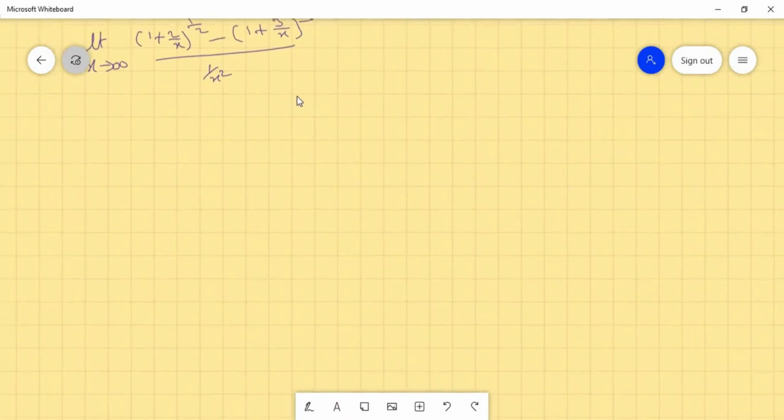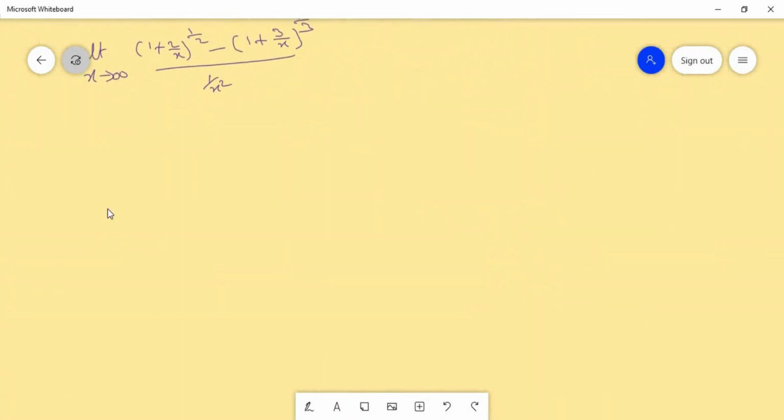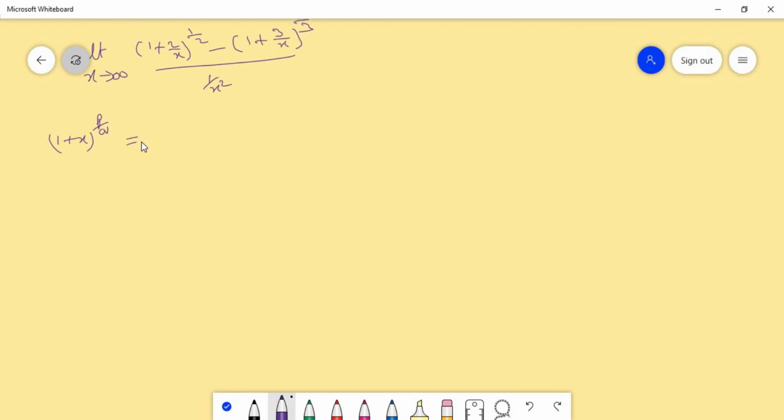What to do here? What is the binomial approximation? Here the formula is (1 plus x) whole power p by q form. That is like (1 plus x) whole power n form. That is already 1 plus nx we have written.